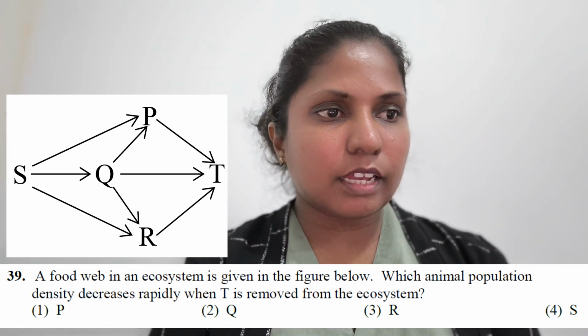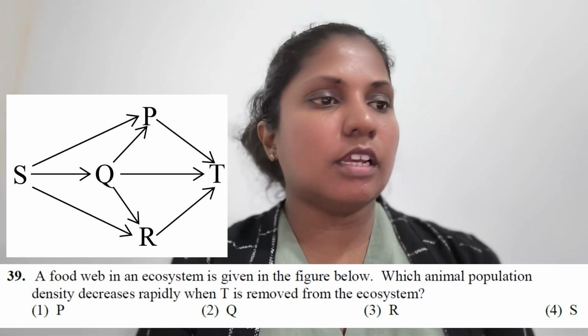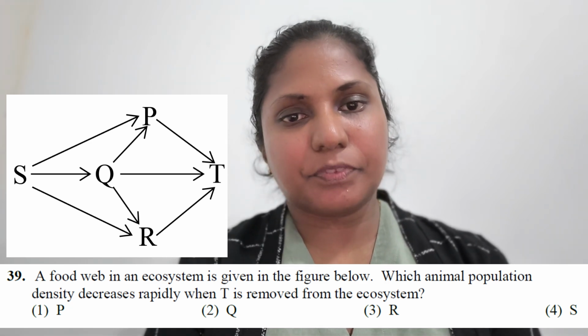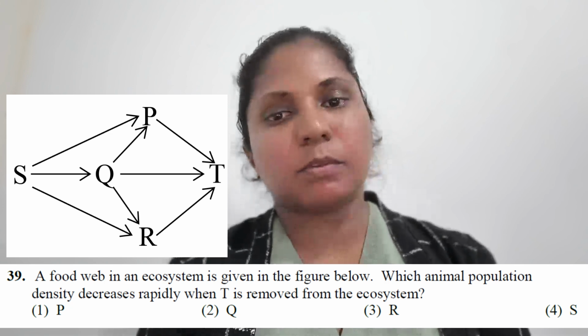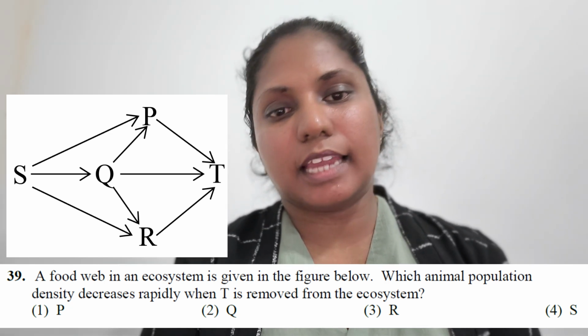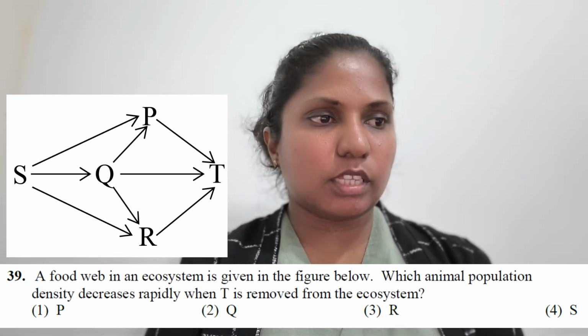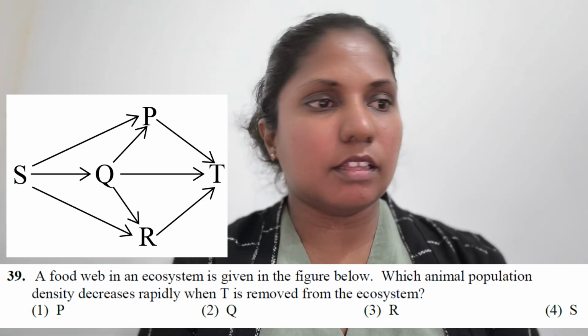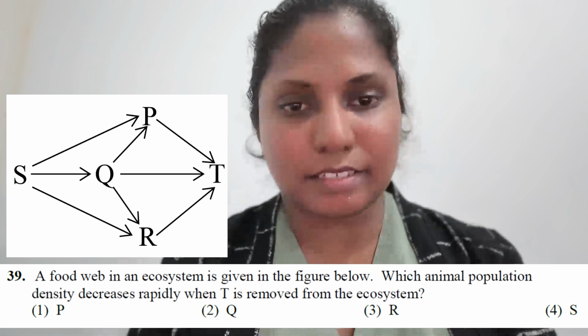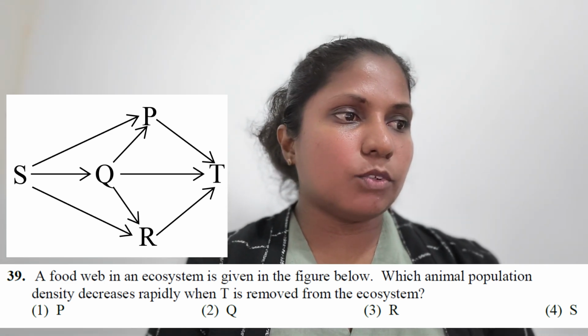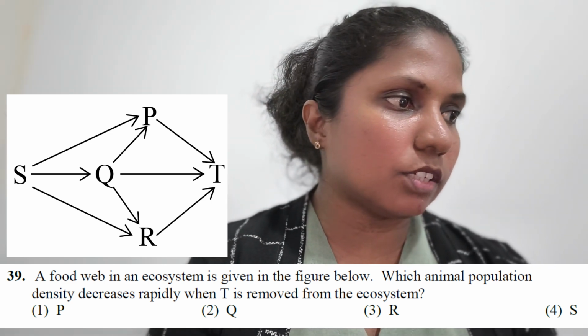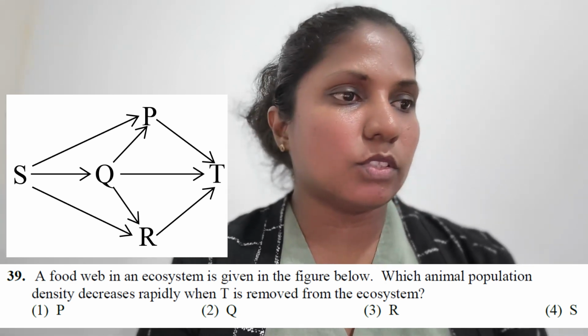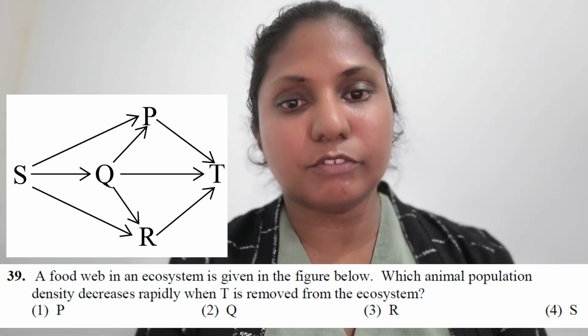Because of their high population, the XS can be overexploited or overconsumed. So the highest threat will occur on the organism S. So the most endangered species could be S. So the answer will be answer number 4.